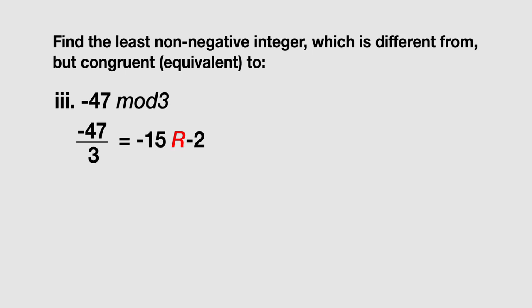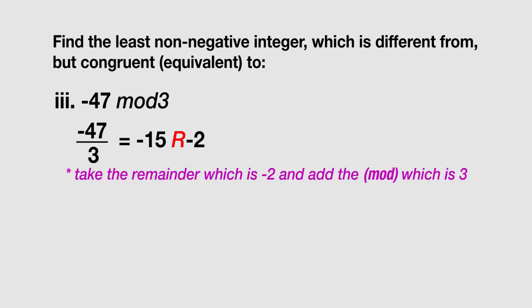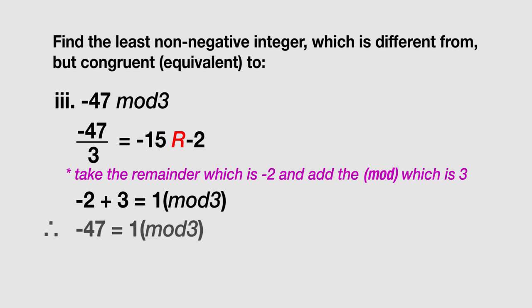That gives us negative 15, remainder negative 2. We take the remainder, which is negative 2, and add the mod, which is 3. Negative 2 plus 3 gives us 1 in mod 3. And therefore, we say negative 47 is equal to 1 mod 3. Good.